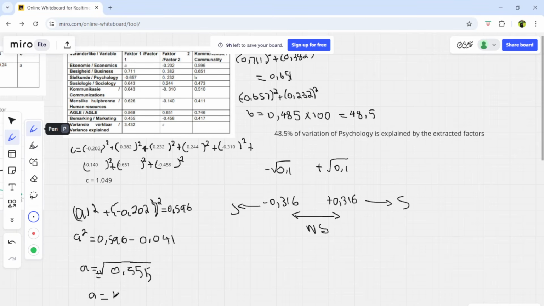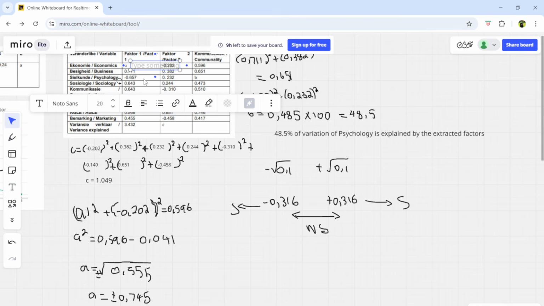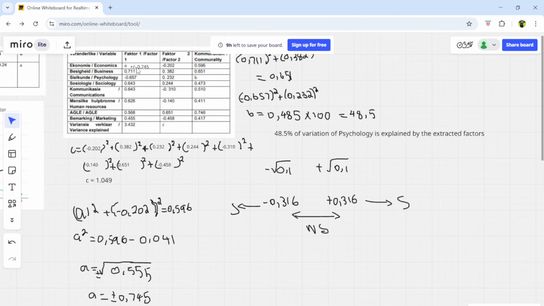So that is the value of a over here, plus or minus 0.745.